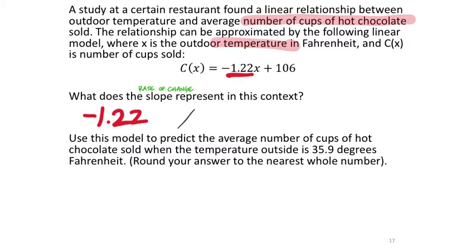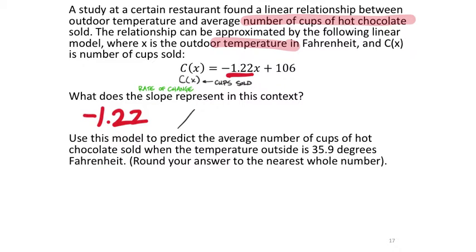Now, for context right here, it does say C of X. Remember, that would also tell us up here in the function that C of X is cups sold.